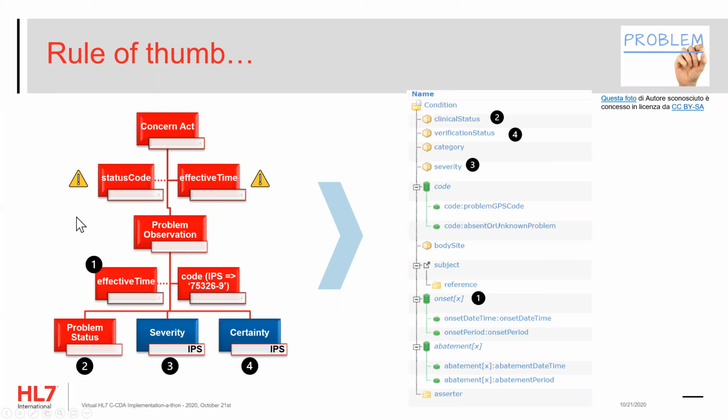Well, in that circumstance, we see the vast majority of problem observations that we see don't have a problem clinical status in there. So you have to be mapping that Act Concern over some way into the FHIR, or you're just going to put everything as unknown, which would be very not useful. You would have to do what, John? Say that again.